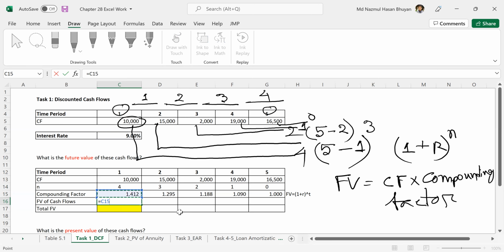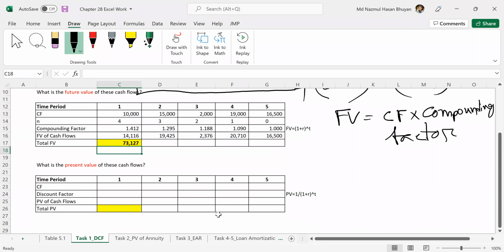So, cash flows times, sorry, let me just fix it. Cash flows times compounding factor. Now we know the future value of each of these cash flows at the end of year number 5. Now we want to calculate our total future value. So you're going to sum up the future value of the individual cash flows.